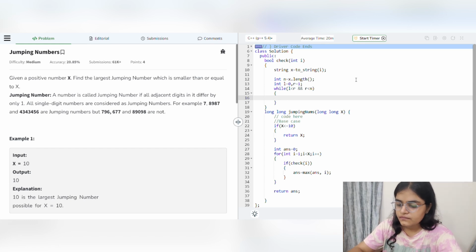And to check this, the difference should be in absolute value.